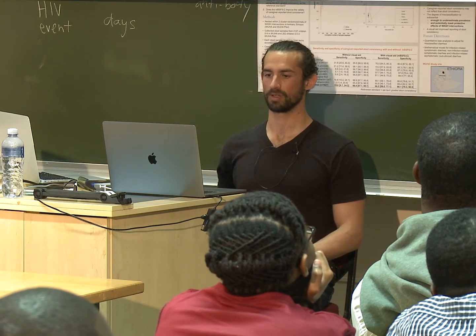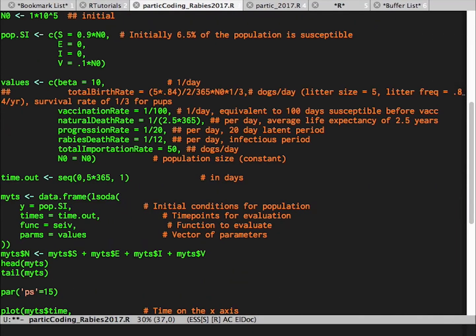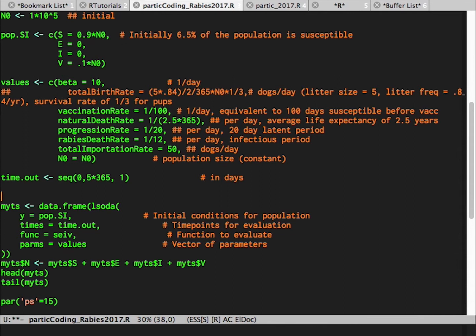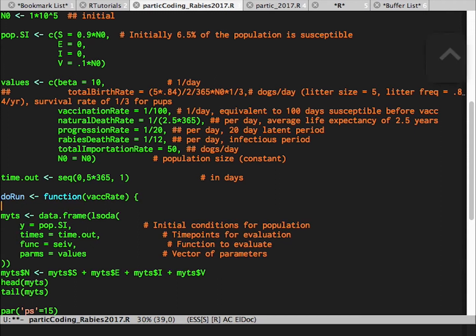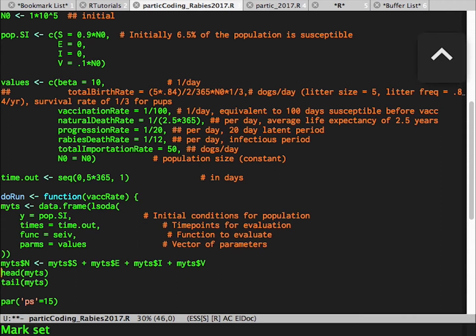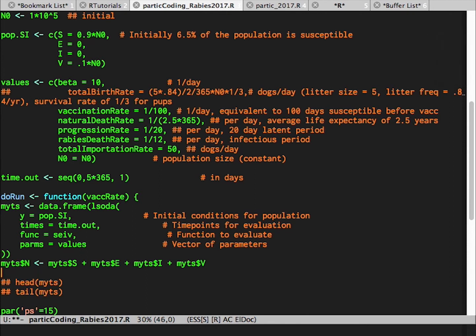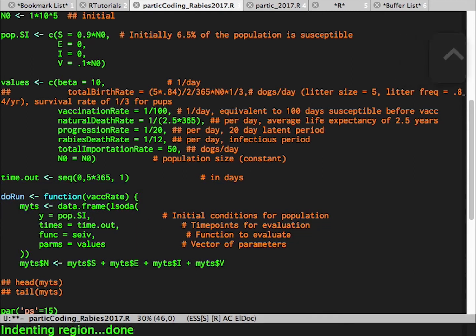Okay, so let's do, I'm going to create a new function that says do run, and it's going to be a function of vax rate. Okay, and what it's going to do is what we just did down here, so I don't have to run all the lines of code.